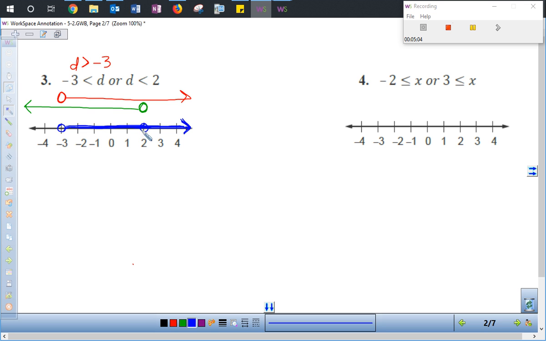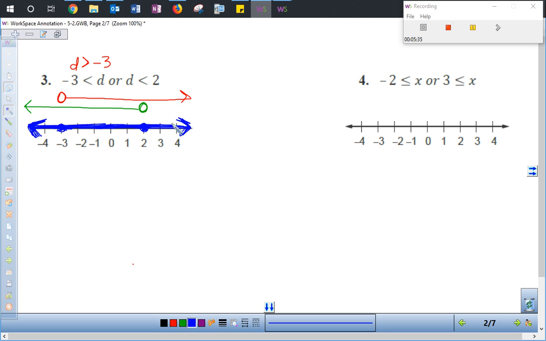So what it does is it takes that open dot and it really fills it in. And then that arrow goes to the left. Well, if you'll notice, when my arrow goes to the left, it goes through the open dot from -3, which really fills it in. So I have an arrow on the left, a solid line all the way through, and an arrow on the right.